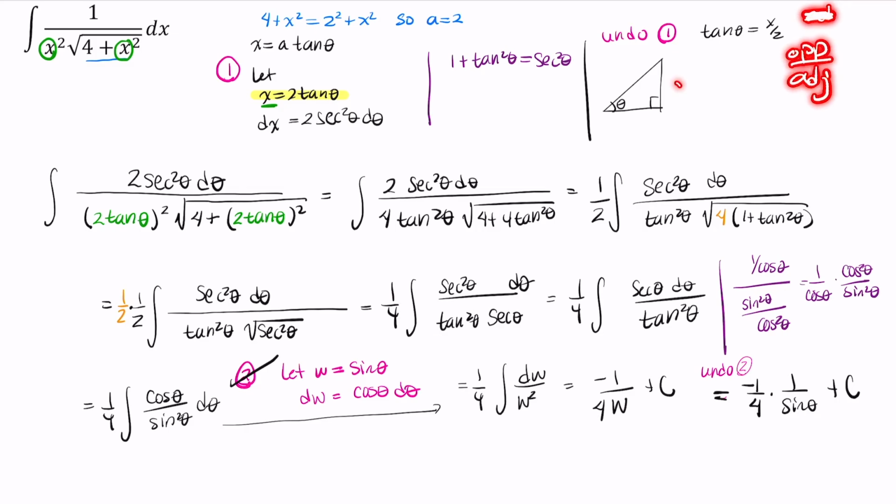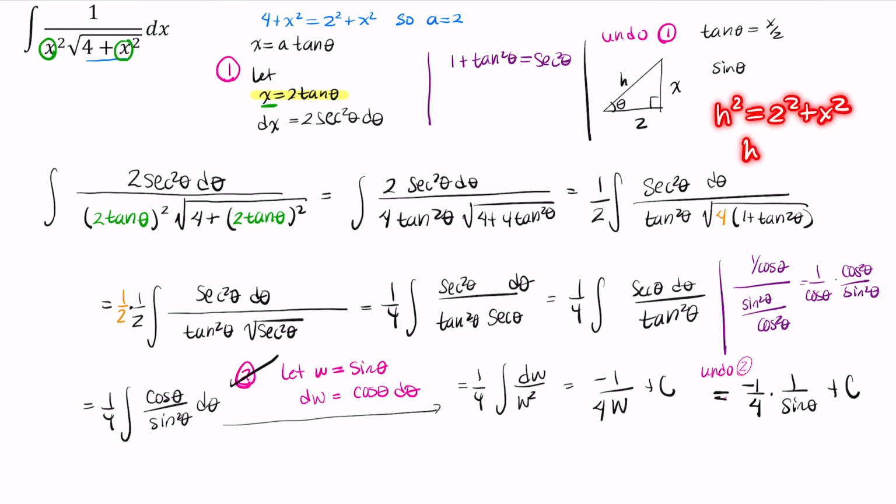So that tells me that the opposite side is x, the adjacent side is 2. And now I can use this to find sine theta. So sine of this angle is going to be opposite over hypotenuse. Well, what is the hypotenuse? Using the Pythagorean theorem here, to get h, we end up with h squared equals 2 squared plus x squared. So really, h is just equal to the square root of 4 plus x squared.